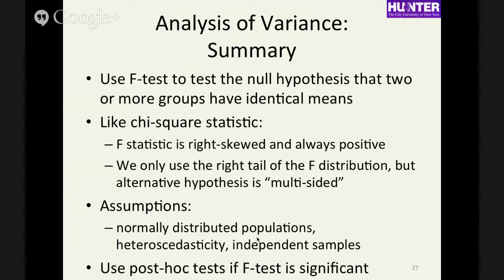Sorry, heteroskedasticity would be the violation. I'm going to write that here. Hard to write, but homoscedasticity and independent samples. And use those post hoc tests only if your analysis of variance gives you a significant p-value.